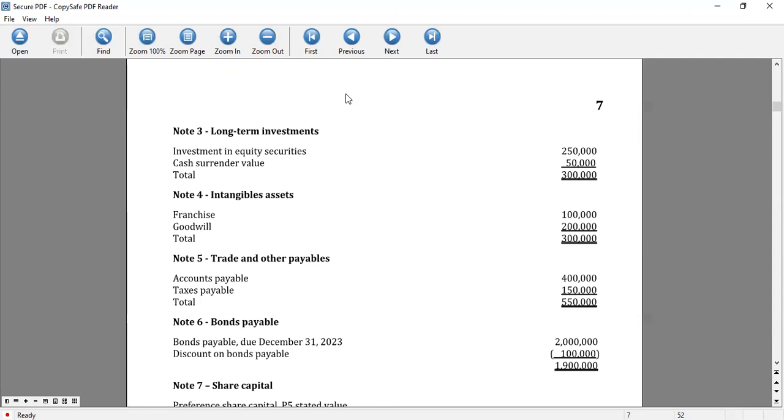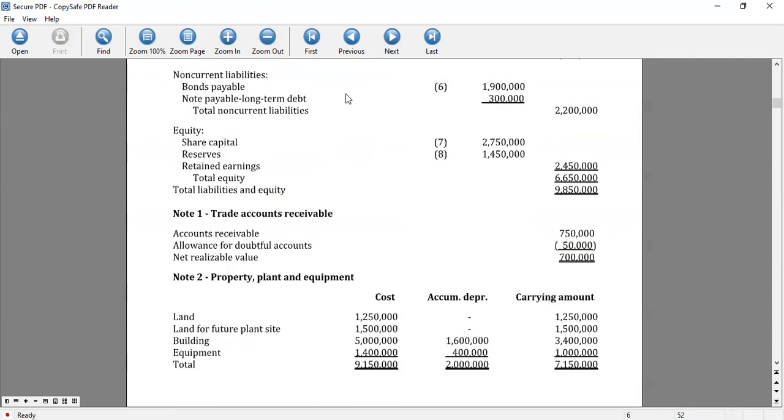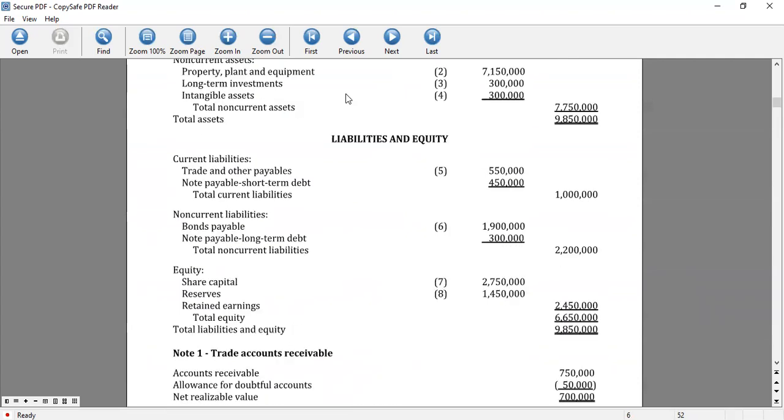Okay, so we have now your notes number 1, 2, 3, and 4 for the asset section. Total assets of 9,850,000. Now, for the liabilities and equity, we have the current liabilities.